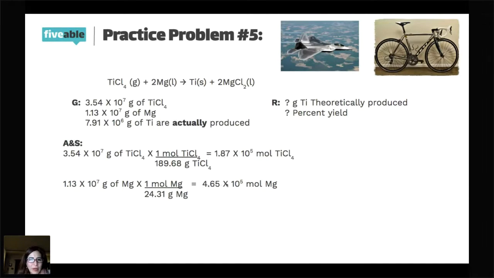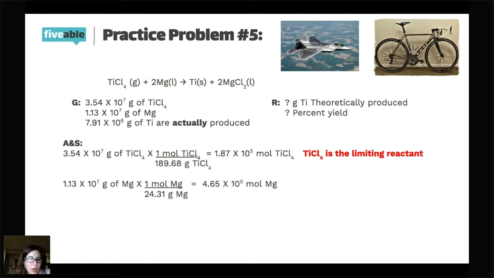Do we have double of this amount? We actually have more. So up to this point, we should be able to conclude that titanium 4 chloride is the limiting reactant.